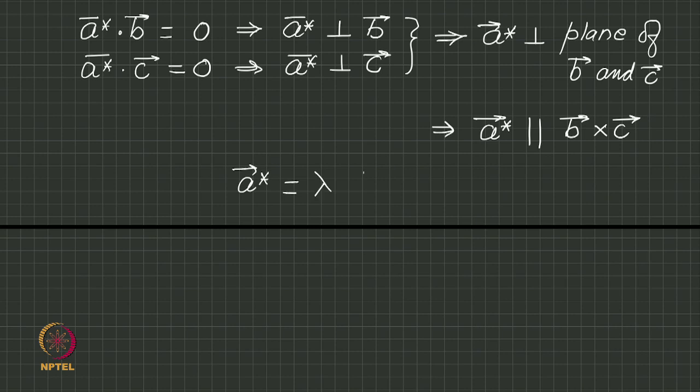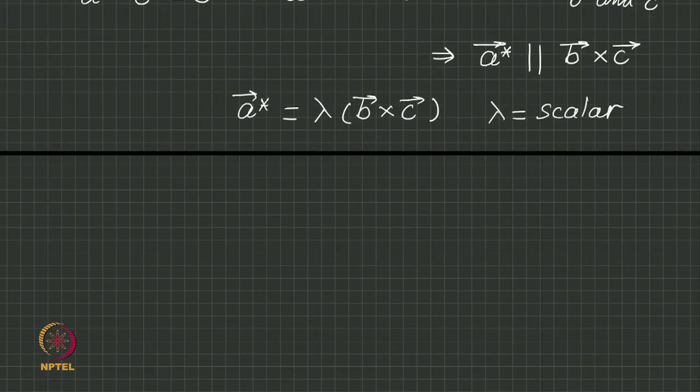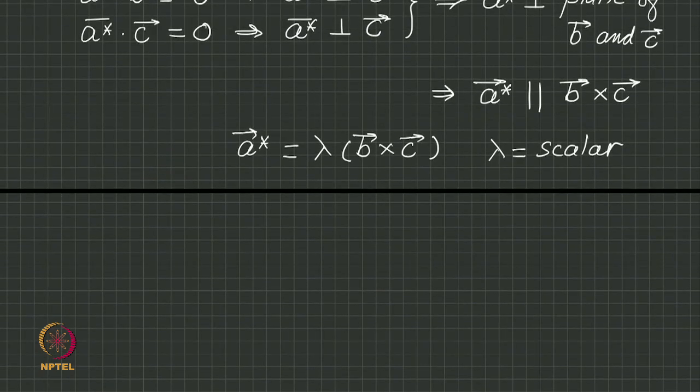You are right, you do not know what that scalar multiple is, but it has to be some scalar multiple of this, where lambda is a scalar. This is very nice. But what is this lambda?